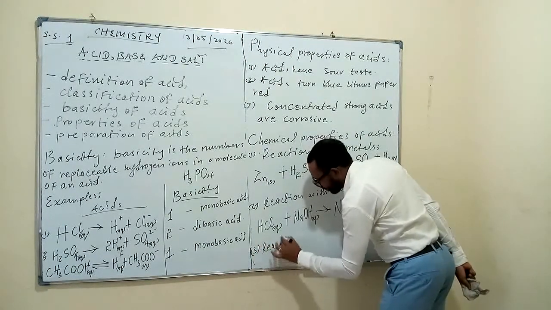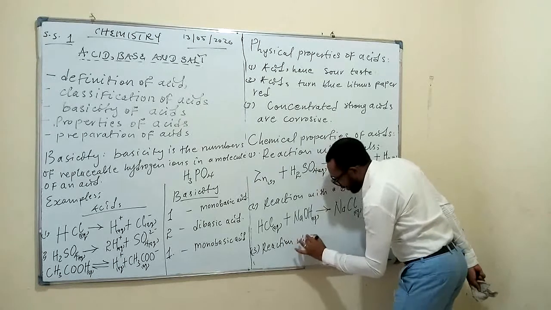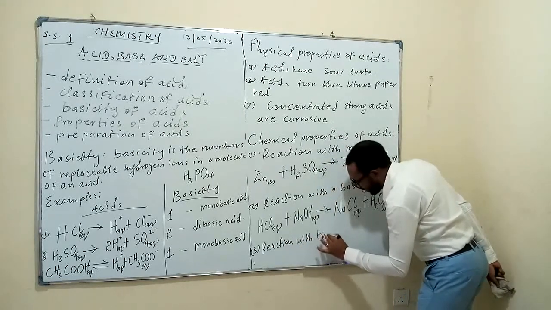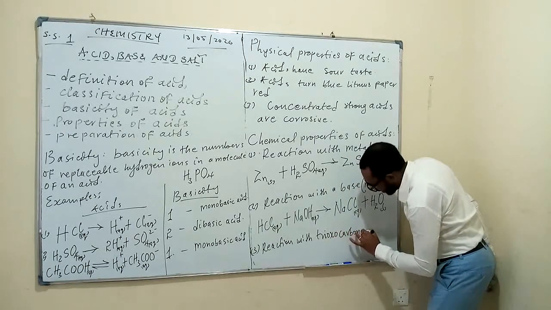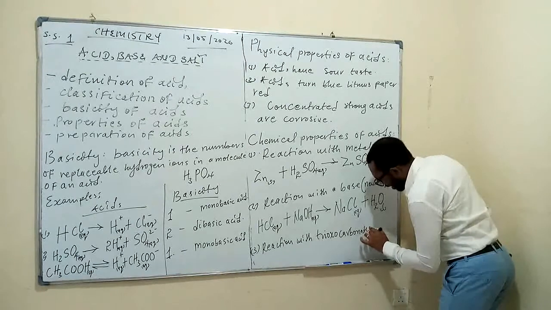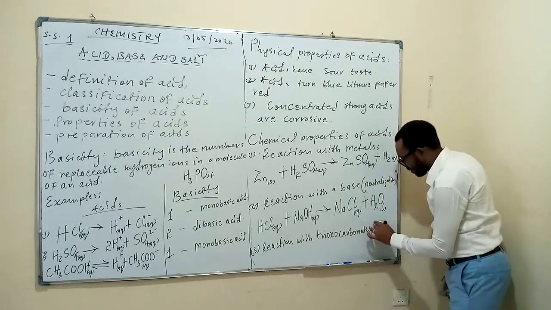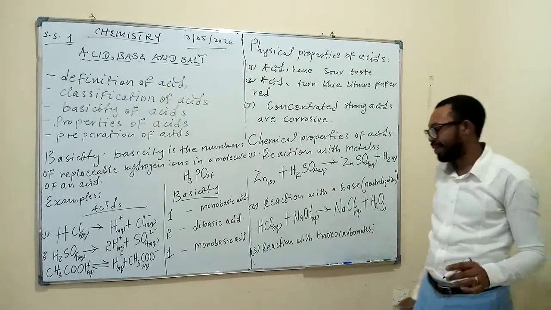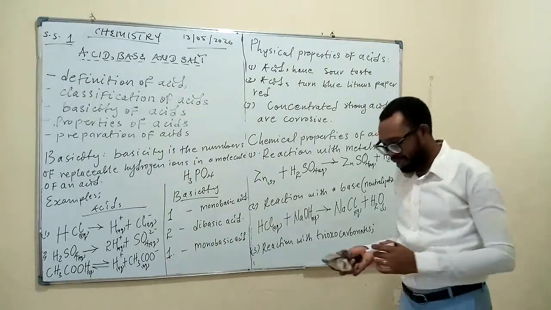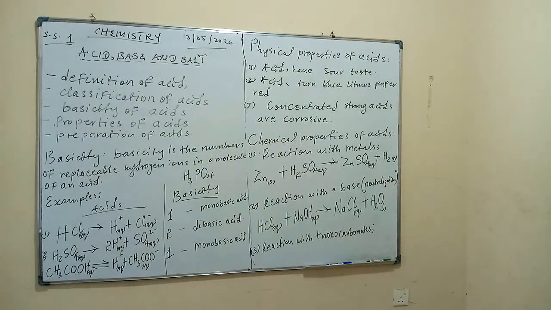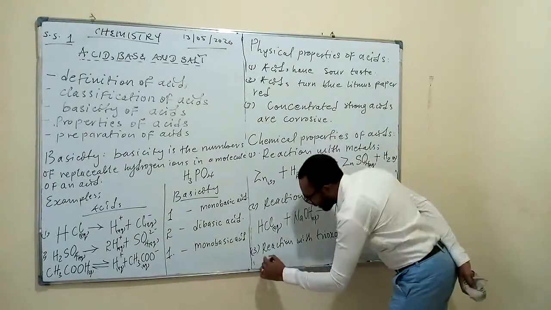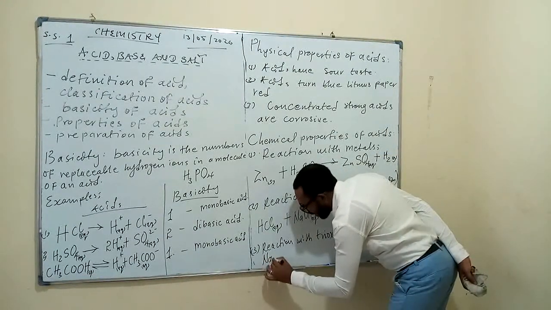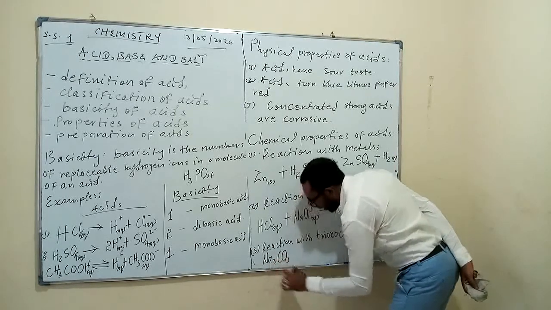Reaction with trioxocarbonate. A typical example of trioxocarbonate is sodium trioxocarbonate, and that is Na2CO3.